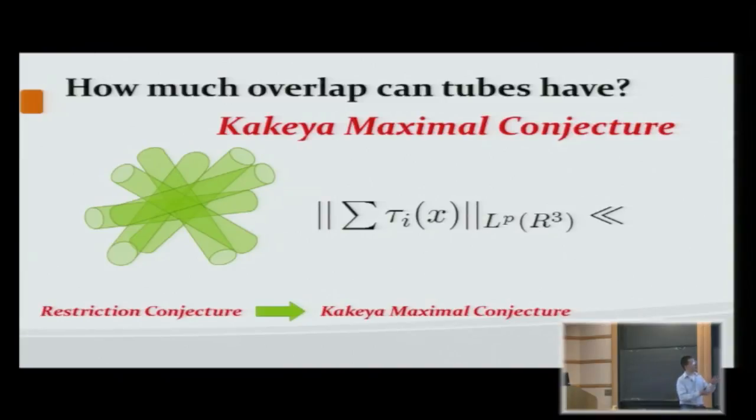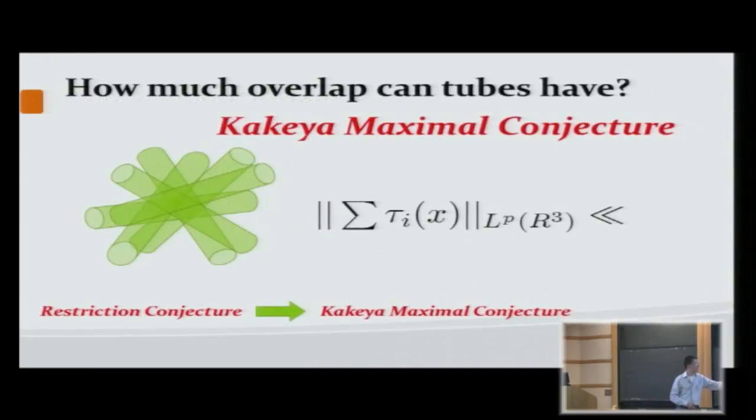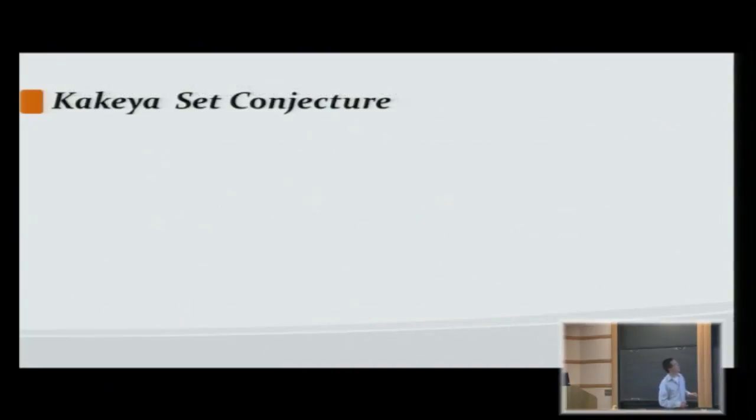For any organization of tubes, I can cook up a function such that when I apply this restriction operator to it, I basically get that arrangement of tubes out of it. So the restriction conjecture implies that I can't overlap tubes in a malicious way, and that's something called Kakeya.